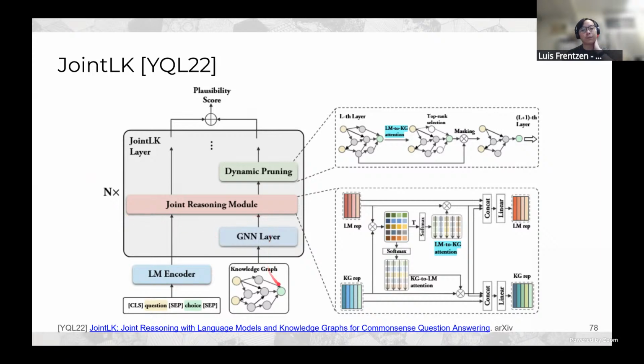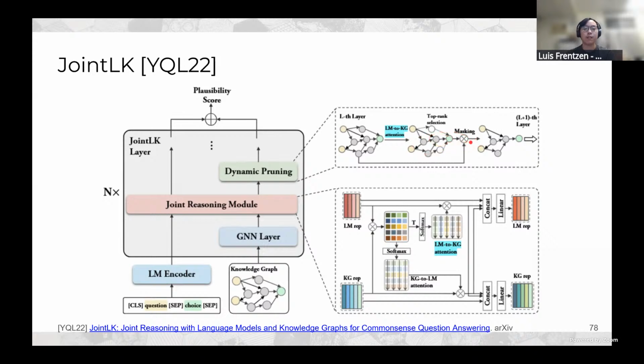And basically, at first you are going to have a complete knowledge graph. Maybe you retrieved it, or maybe you have a quite small graph, so you input it directly. But after it goes into the GNN layer and the joint reasoning module, it goes into this dynamic pruning module, where they utilize some sort of attention that they computed before this module, and use it to score which nodes are not too important, depending on what the model is thinking about or trying to achieve.